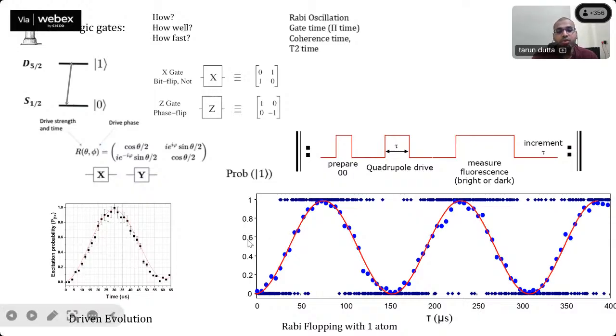But what I want to point out here, so now we know what a pi pulse is, how to transfer the population from H to D state, and we can bring it back because you can see it is coming back again. So if you apply a 2 pi pulse, it is bringing it back. So that is how we prepare our gate. Here you can see the X gate, which is a Pauli gate, which you can think of as a digital NOT gate.